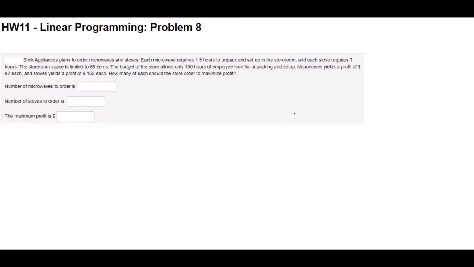Here, we're going to find the objective function and constraints first. We know that it requires 1.5 hours for each microwave and 3 hours for each stove to unpack, and we are limited to 150 employee hours. And we know that our space allows only 66 items, which means the combination of microwaves and stoves cannot exceed 66 items.